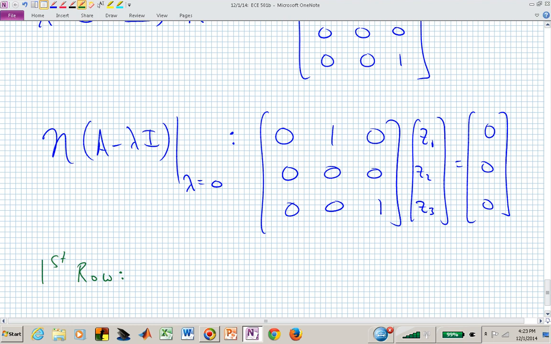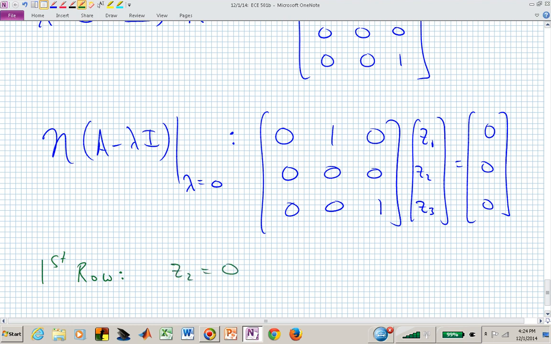That was too easy of a question, wasn't it? You could have flipped a coin and gotten half of the answers, and I hope by this point in the semester your coin would have been two-sided, meaning it would have said yes on all sides on that question. So the first row constrains that vector Z, and in fact it's saying Z sub 2 is equal to 0, isn't it? If we just multiply it out.